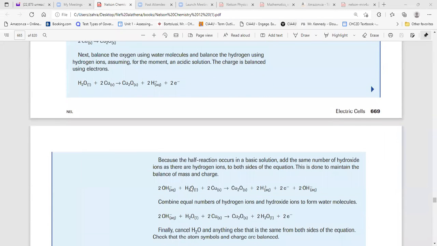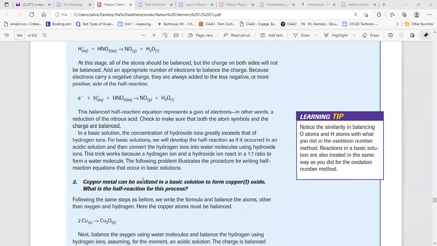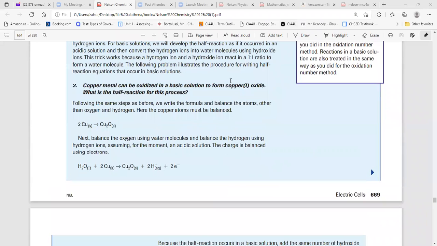After that, since I wanted to do this in basic solution, I have to continue it. Now we have this. The charges are balanced. Now I want to have a basic solution. That's why I need to cancel this hydrogen. I need to have 2OH here.